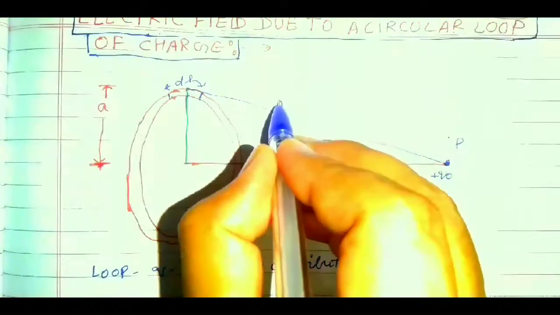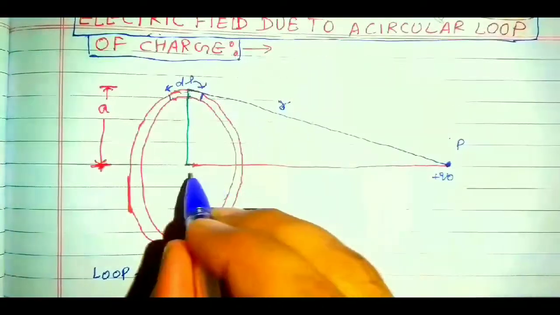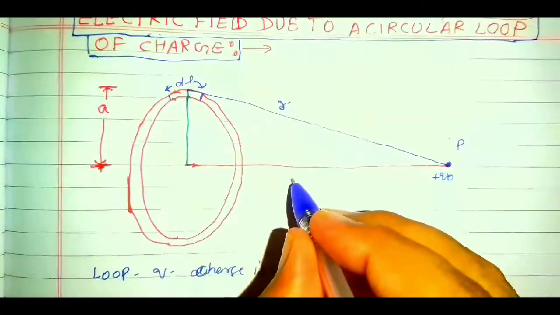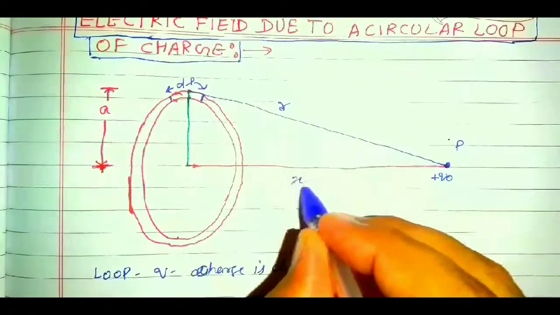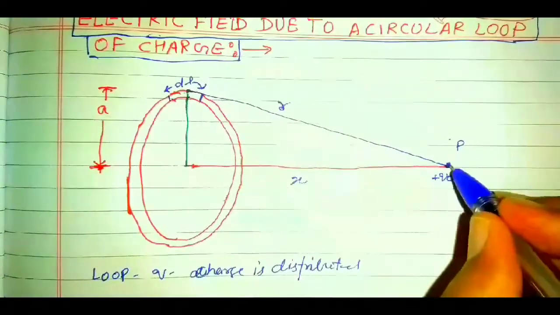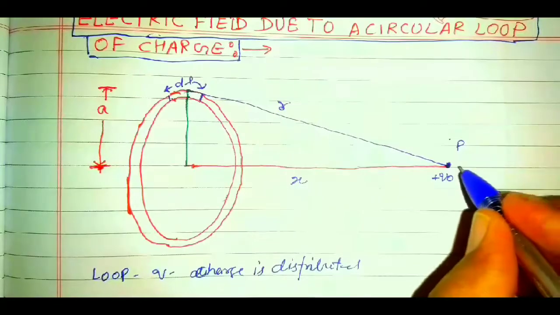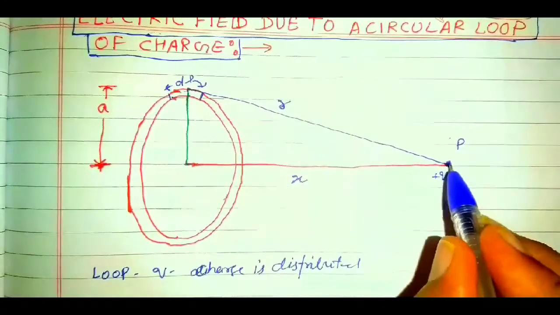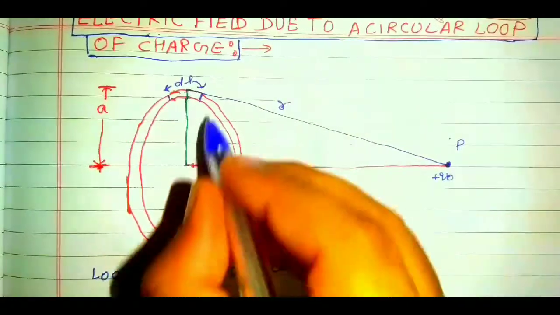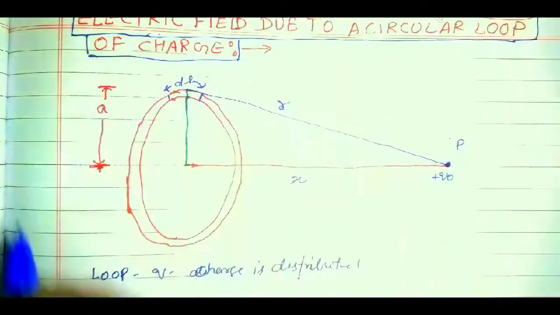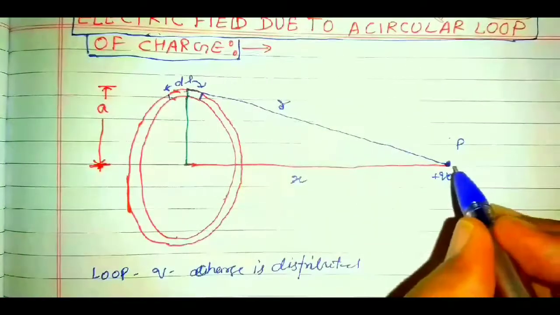This distance is given R, and this horizontal distance is given x. So now see carefully the electric field. Let us consider the total charge is positive, and the test charge is also positive.